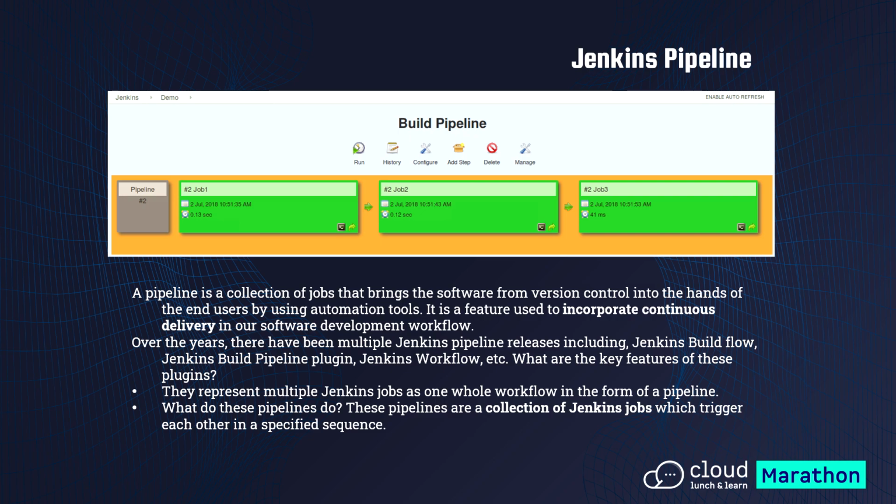To do this, I will allocate three jobs to perform each process. So job 1 would be for build, job 2 would perform test, job 3 for deployment. I can use the Jenkins build pipeline plugin to perform this task. After creating three jobs and chaining them in a sequence, the build plugin will run these jobs as a pipeline.